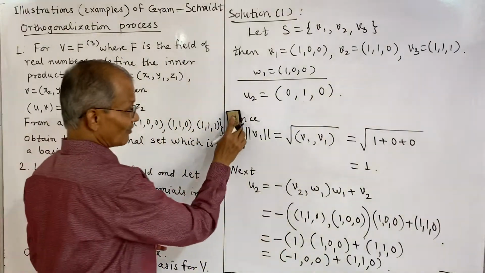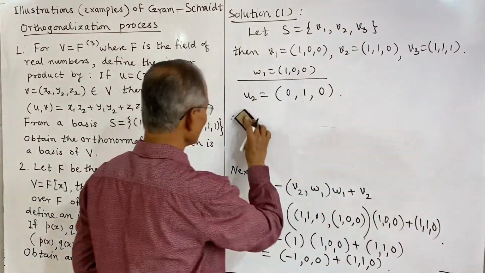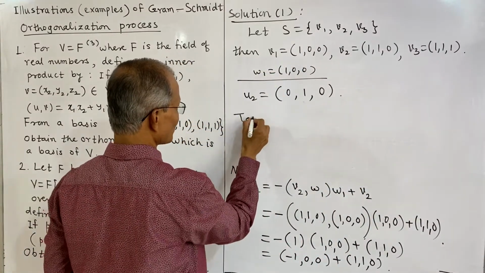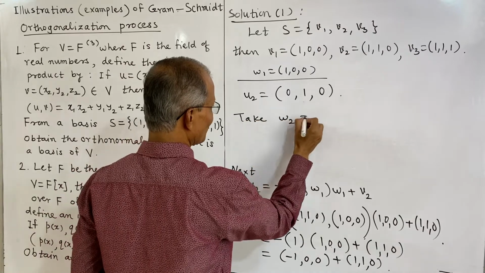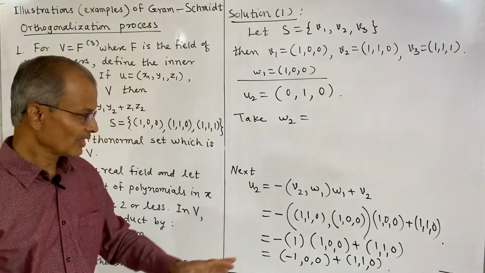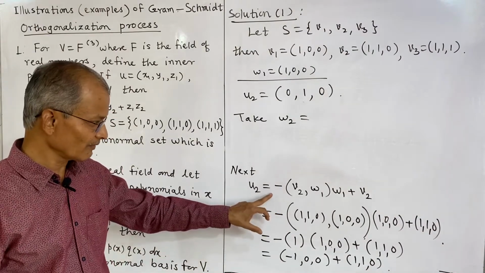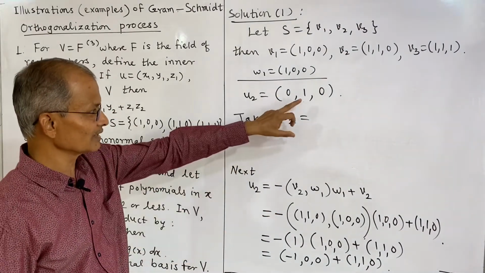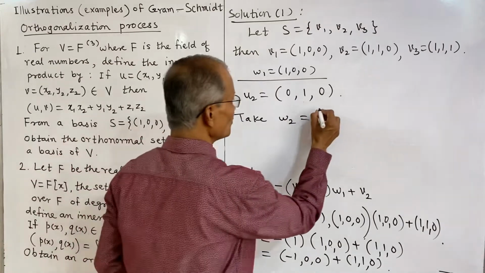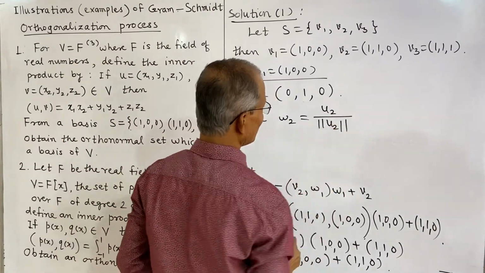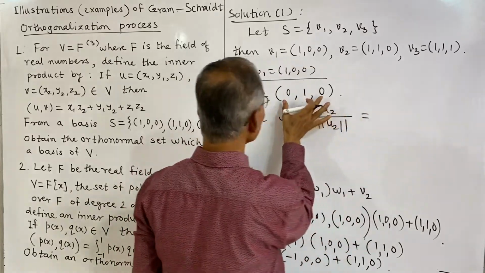What is our W2 vector now? We have some corrections here, you refer the earlier proof. This is the correct value of U2. We have calculated U2 as this, and W2 is U2 divided by norm of U2, and again we see norm of U2 is 1.